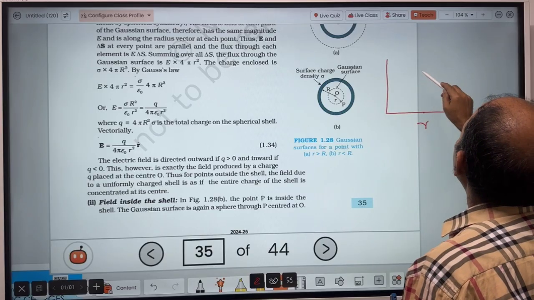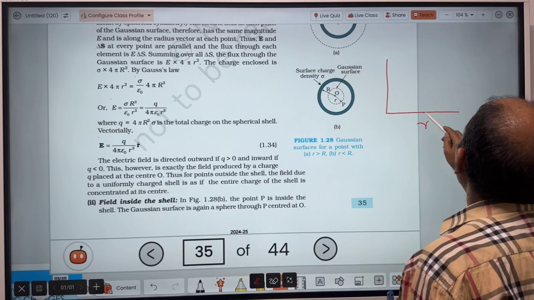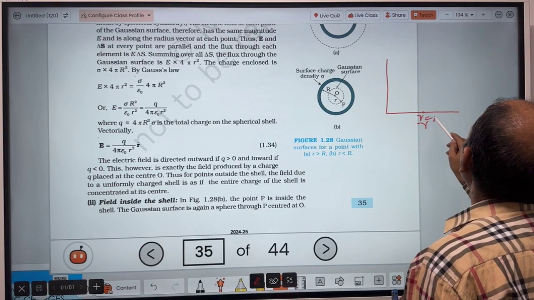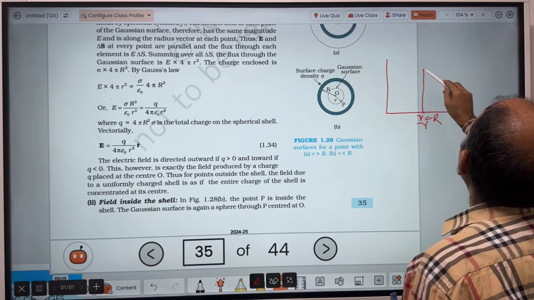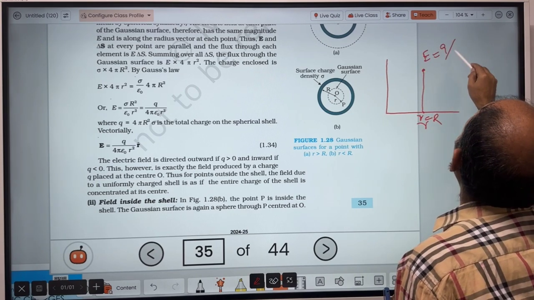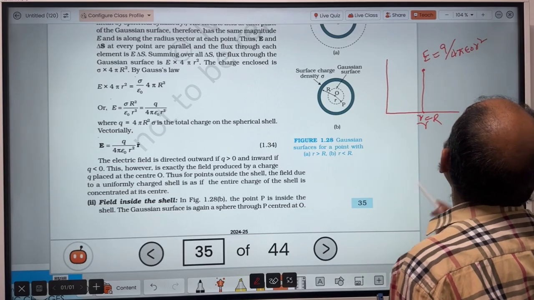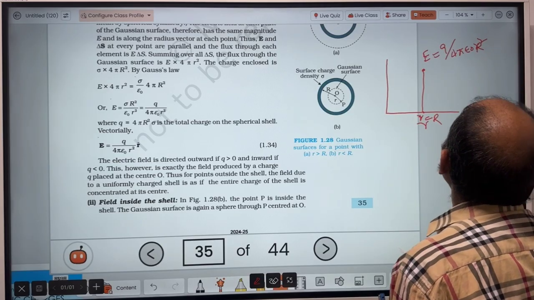So till here, when small r becomes capital R, at this point small r and capital R are both equal. At that point, suppose the electric field is here, E equal to Q divided by 4 pi epsilon naught R square. But since small r equal to capital R, this will be capital R square.